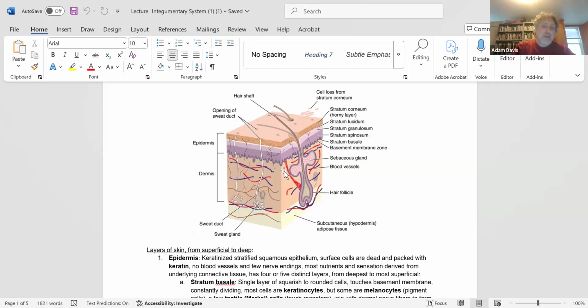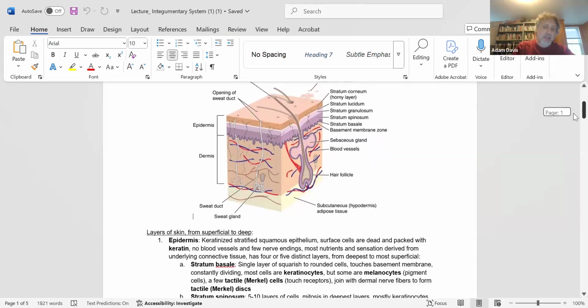Now, that said, the epidermis has several distinct layers of cells. When you look here in our diagram, you can see a bunch of different distinct colored layers of cells, and those layers are there because there are different things going on. As the cells in the epidermis originate in the lowest layers with cell division and slowly work their way closer to the skin surface, they form distinct layers with distinct properties.